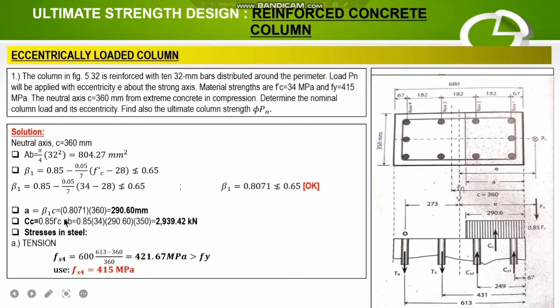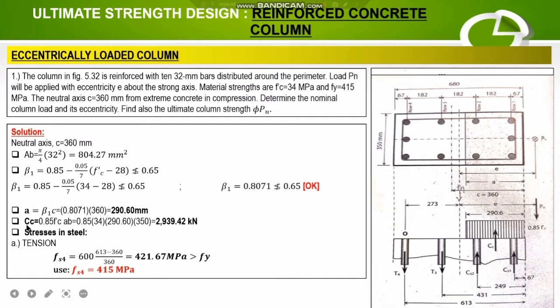So the formulas that we have used in the analysis and design of beams can also be applied in this particular problem. Substituting the value of beta 1, a equals 0.8071 times 360, which is equal to 290.60 mm. That is the distance of the Whitney stress block.